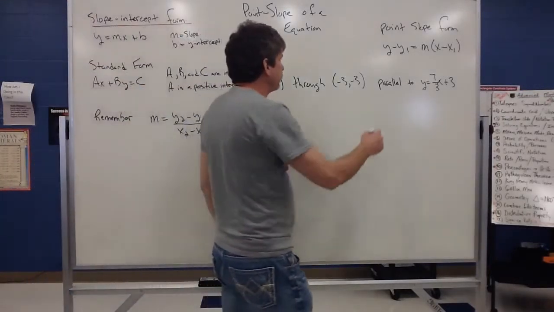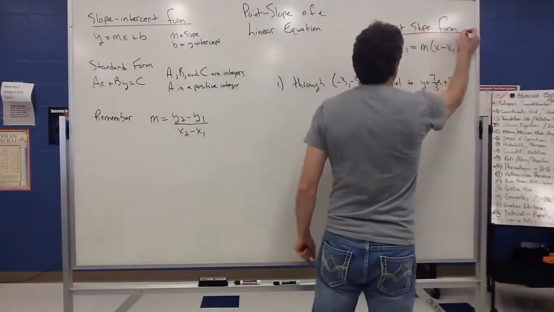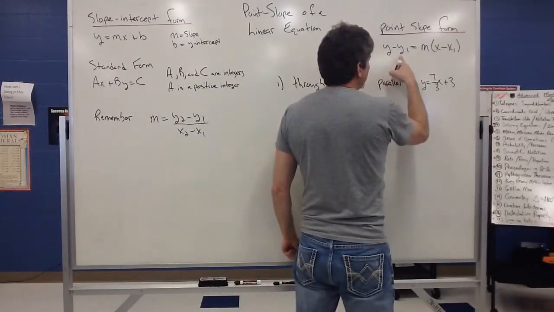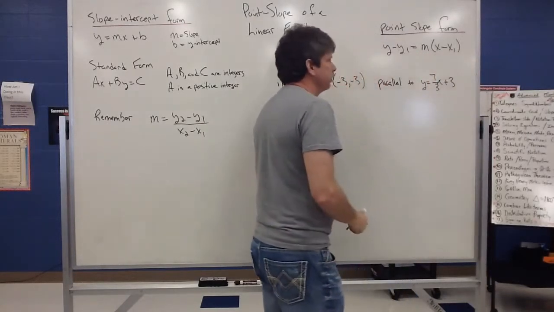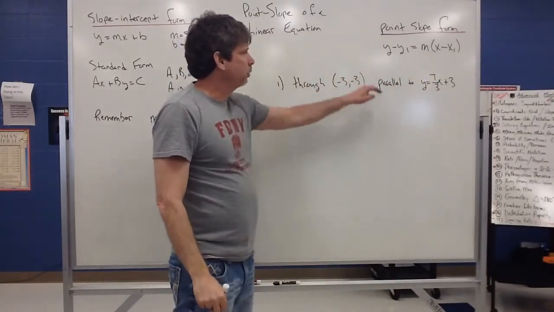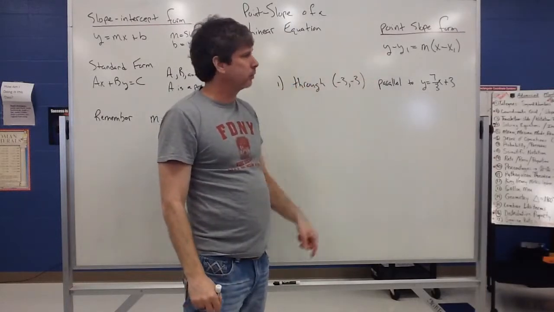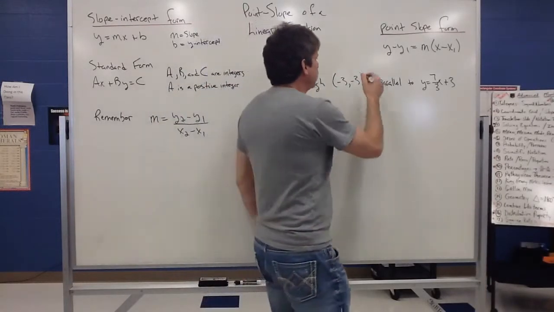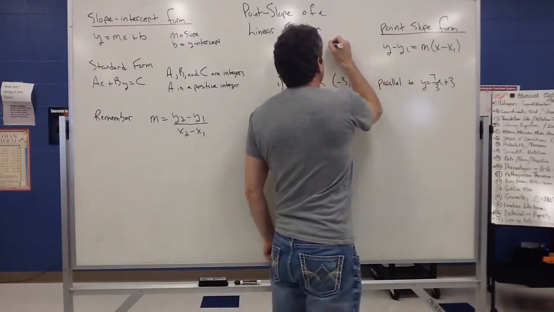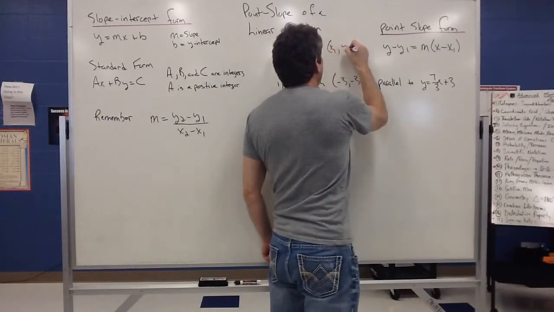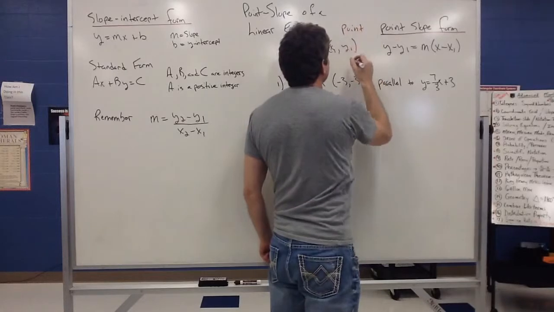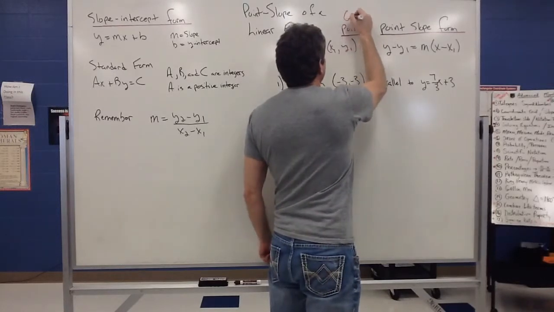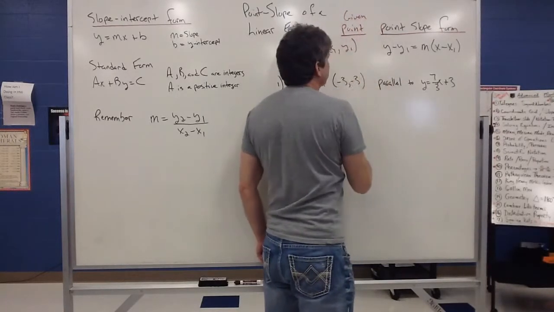Point slope form takes on this look: y minus y1 is equal to m times the quantity x minus x1. So this is what they refer to as point slope form. In this, x1, y1 represents the point, so that's going to be the given point.